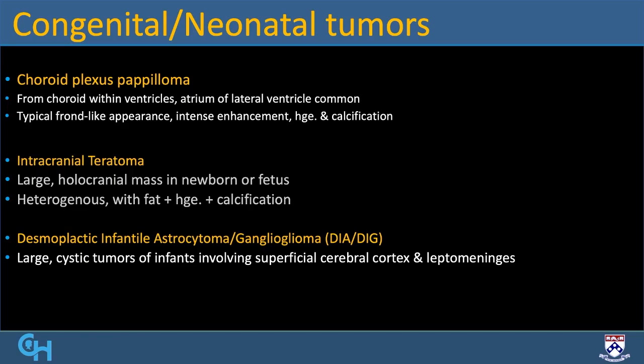They typically arise from the cerebral cortex and involve the meninges as well. On presentation, you may have difficulty identifying whether this is an intraaxial or an extraaxial mass. But the large cystic components and the young age of the child should make you think of this entity.